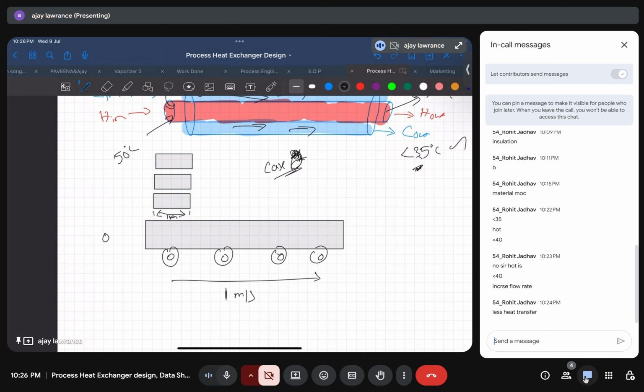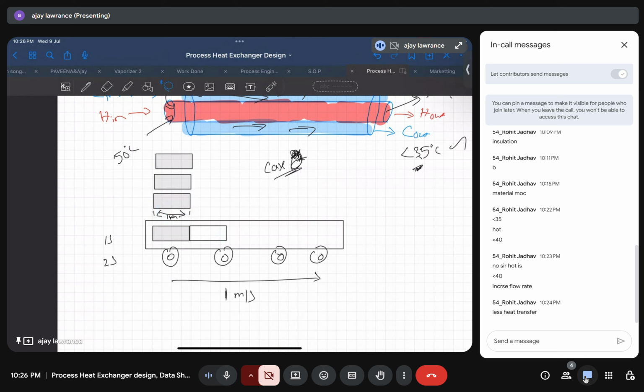At 1 second what will happen? This box will be here. At 2 seconds what will happen? This box will move 1 meter and this box will come here closely.